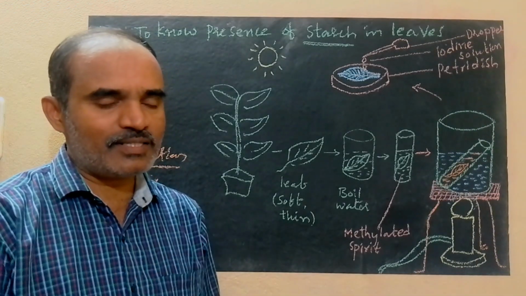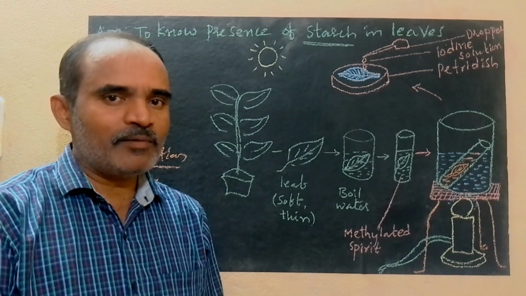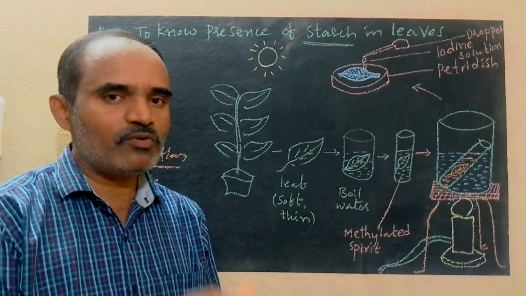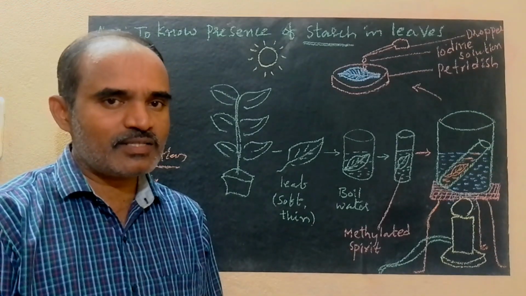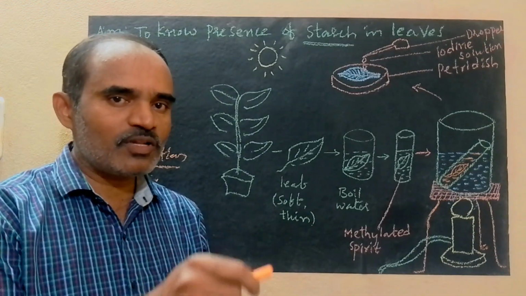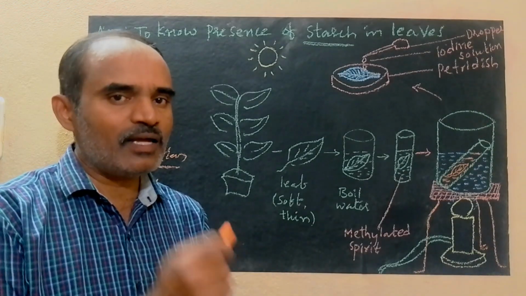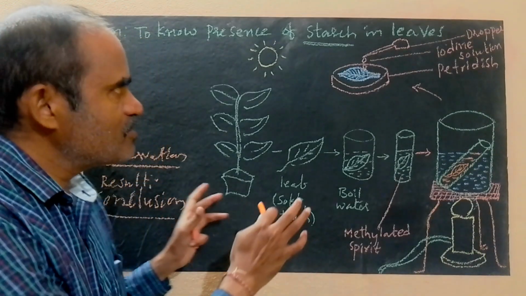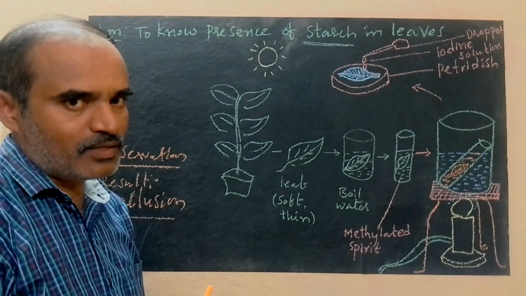It suggests that the leaves prepare their own food by the process of photosynthesis and then store the starch within the leaves. So this is how to know the presence of starch in leaves.